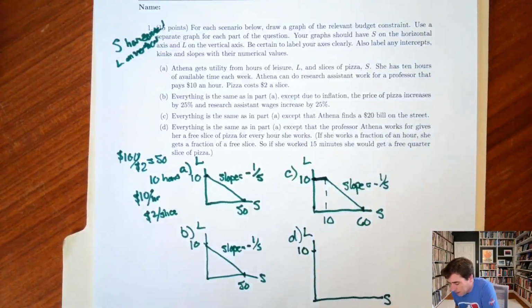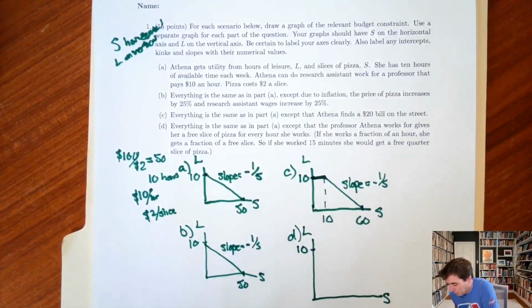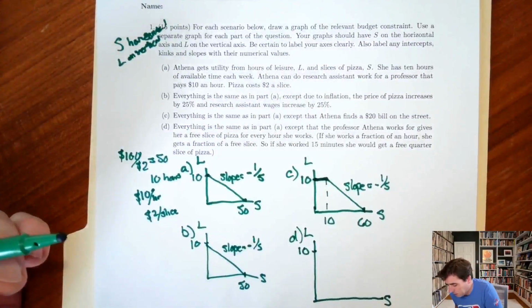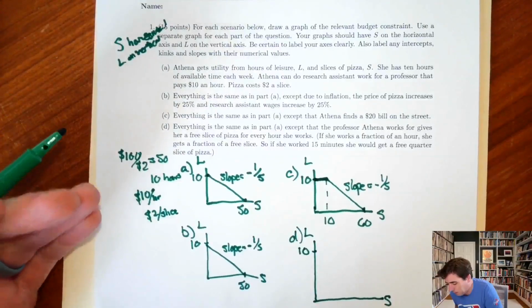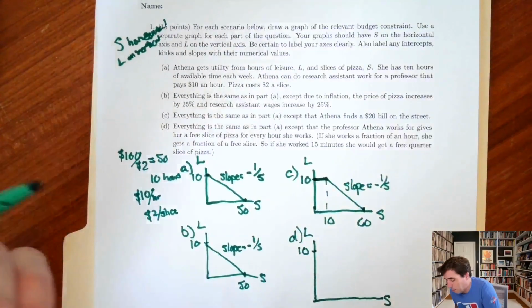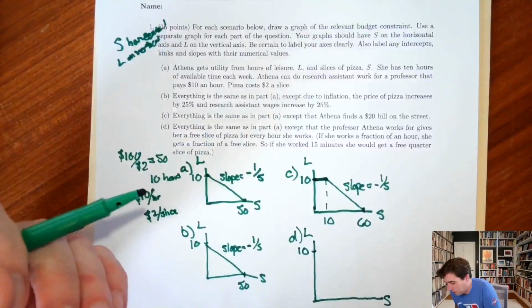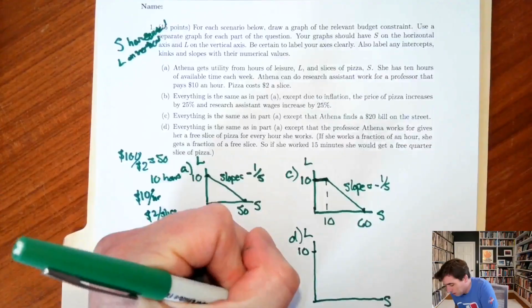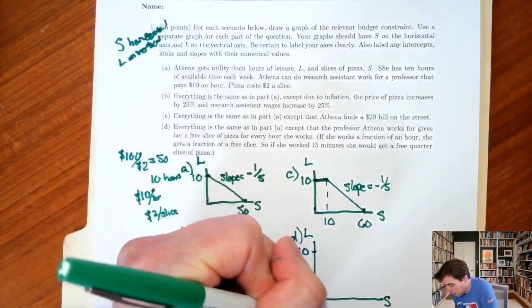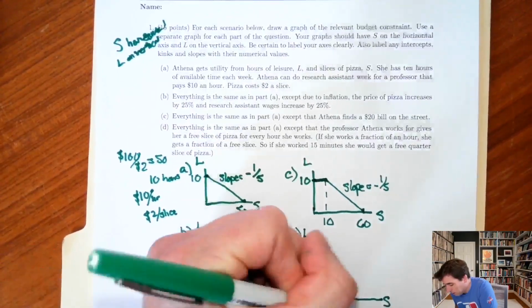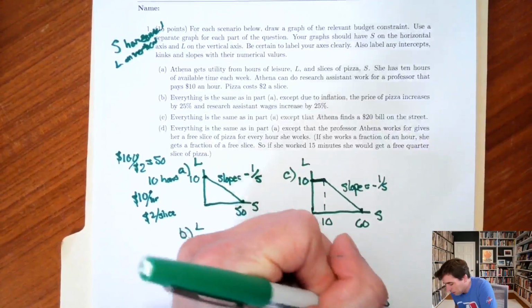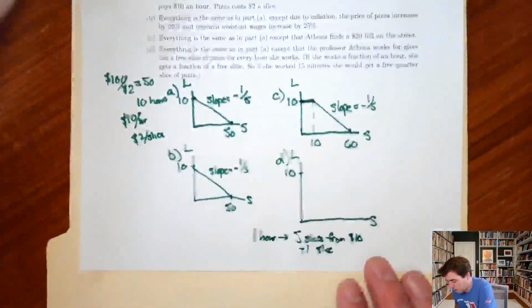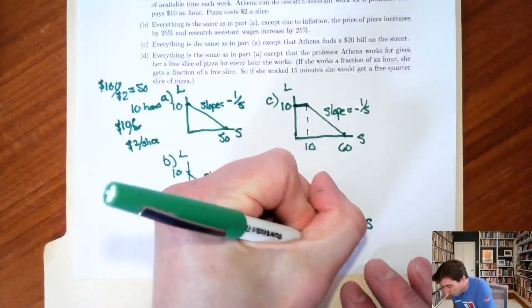All right, so now let's think about what's happening here. If she works an hour, she gets $10, which is 5 slices of pizza in terms of what she can buy, plus she gets an additional slice of pizza from her boss. So 1 hour of work is going to give us 5 slices from the $10, plus 1 slice from the boss.